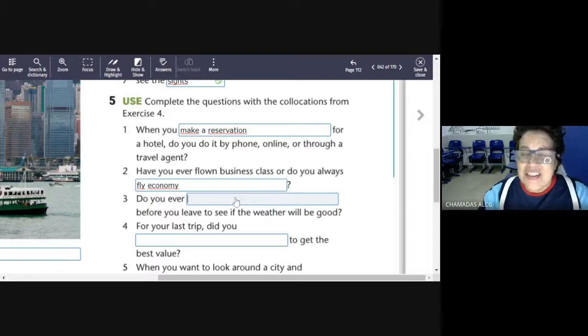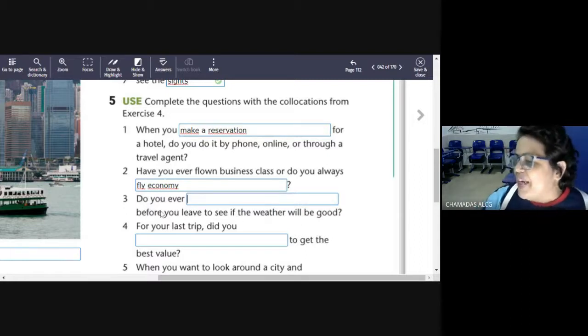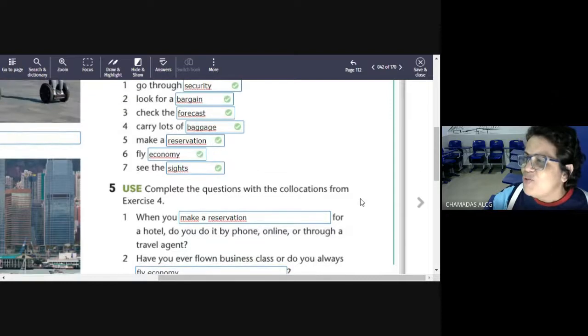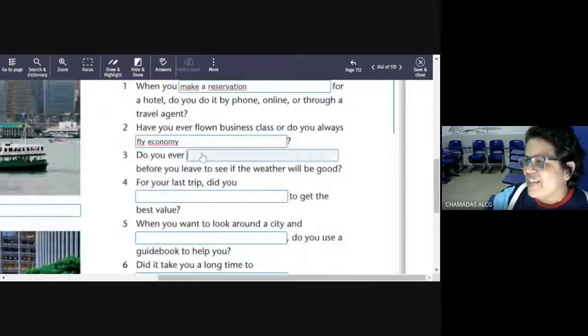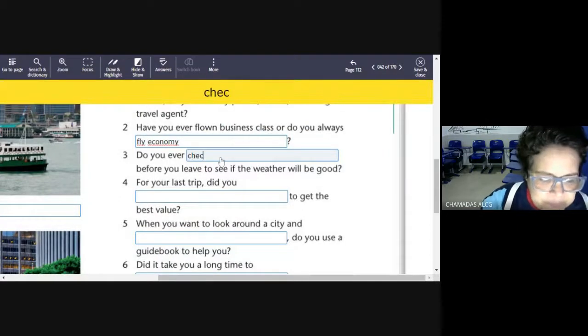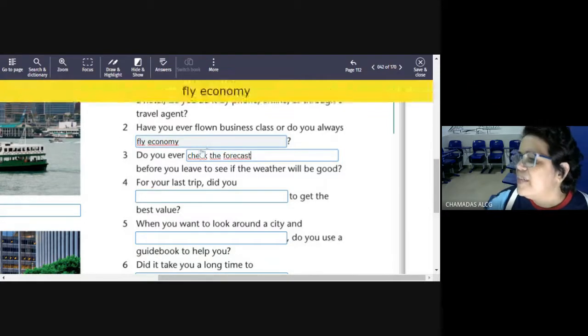It's really good. Number 3, do you ever check the weather forecast before you leave, to see if the weather will be good? So do you ever check the forecast? Okay. All right.